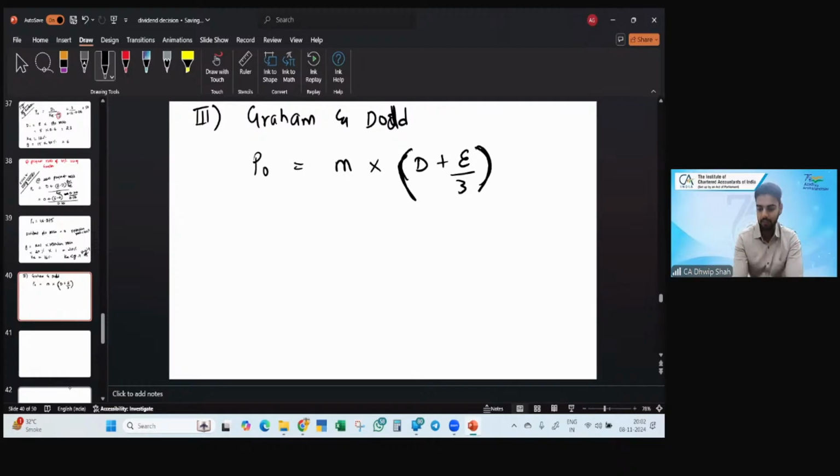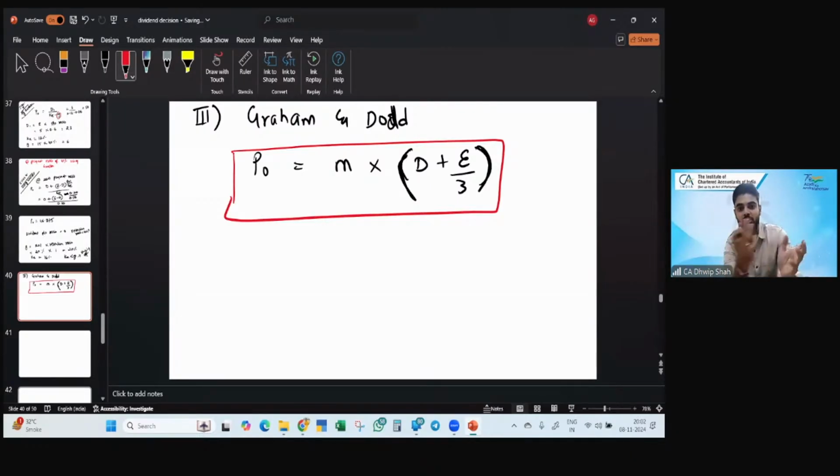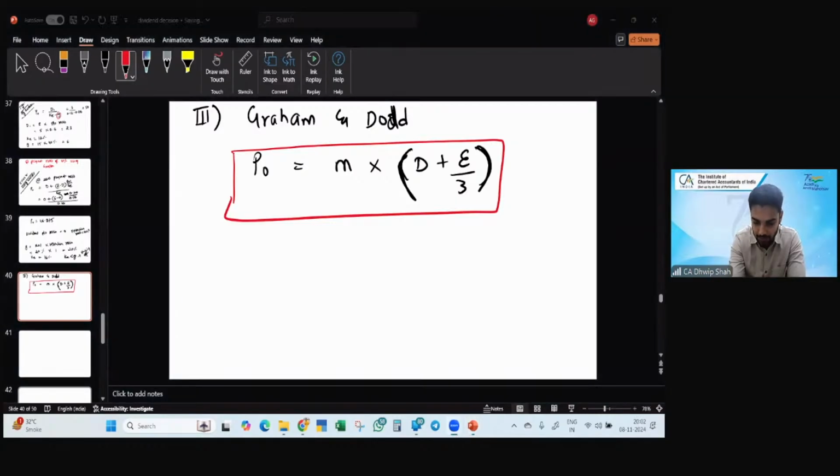This is the formula given by Graham and Dodd. Just like Walter and Gordon gave formulas to calculate share price, likewise Graham has given his own formula, based on his own research and analysis, to calculate share price.